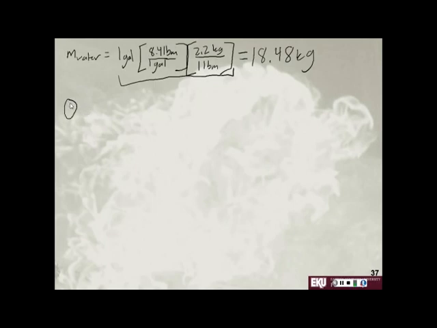Alright, so our energy required is going to be equal to our mass times our specific heat of water times our change in temperature, plus our mass times our latent heat of vaporization.